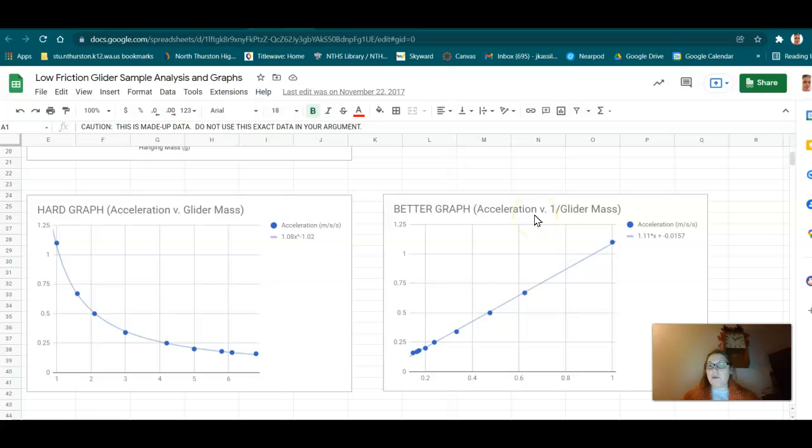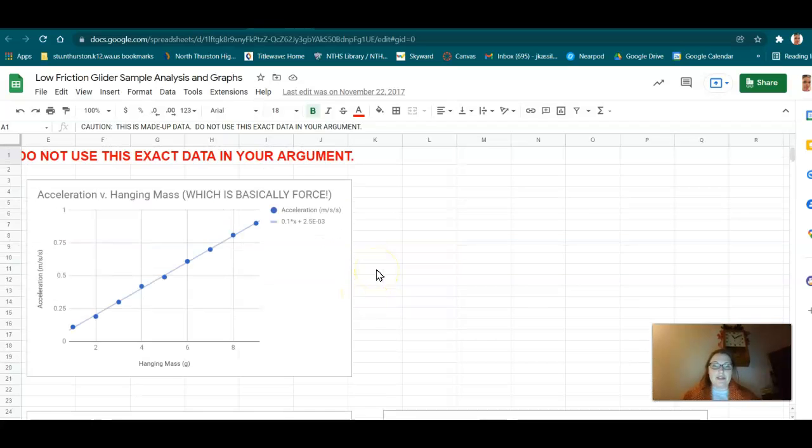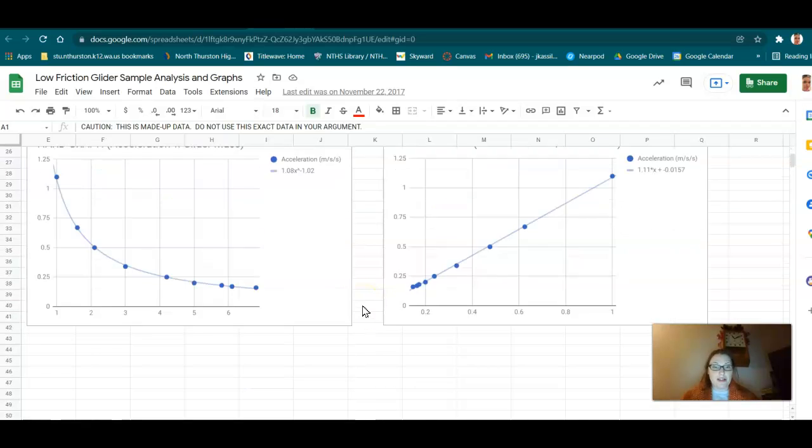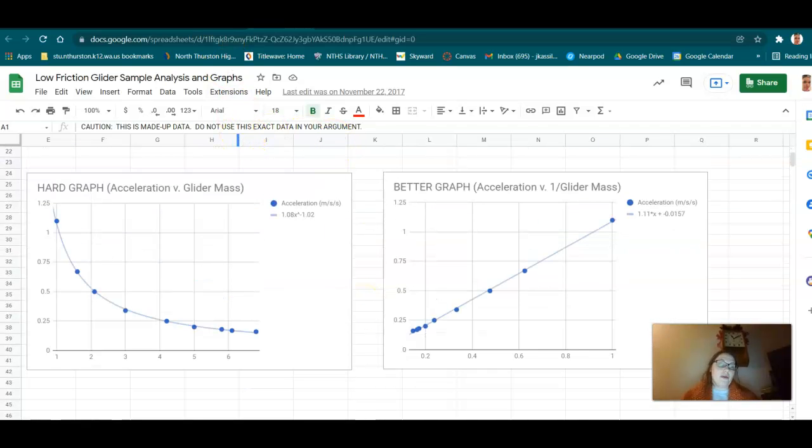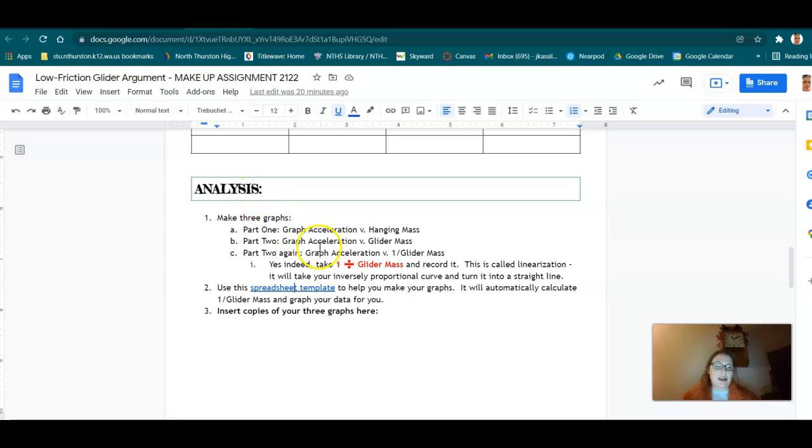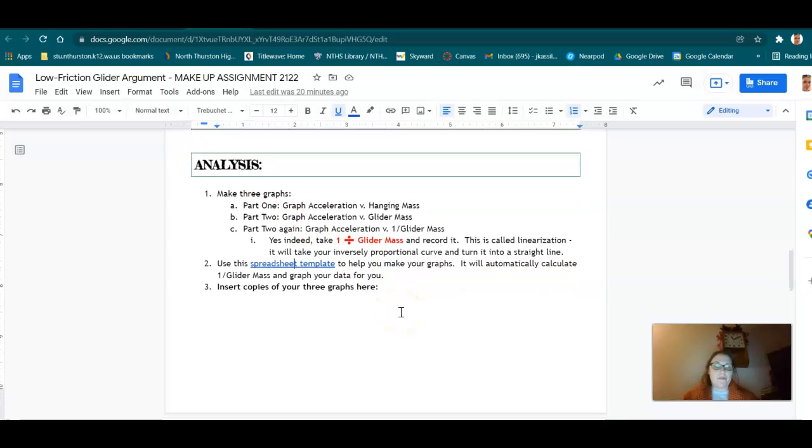That means a y equals mx plus b graph. You know how to do those kind of graphs. You know how to look at a line, find points on it, and calculate things. This is where you're getting into things. You've got 2 graphs with straight lines. This is going to help you analyze your data and find an actual pattern.